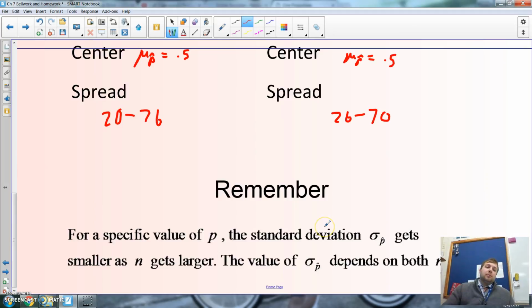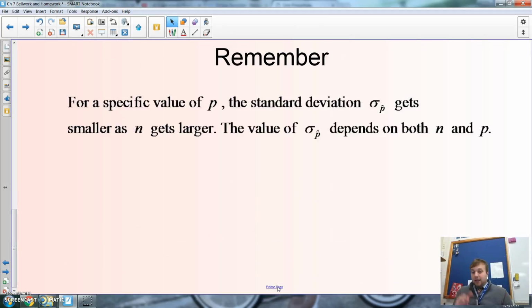Remember, for a specific value of p, the standard deviation gets smaller as n gets larger. Remember that. Just like the game we played on Friday, where the people wanted to pick the person that had the most cards because they were the ones probably closest to the average. People with fewer cards were further away, or had the highest chance of being further away.